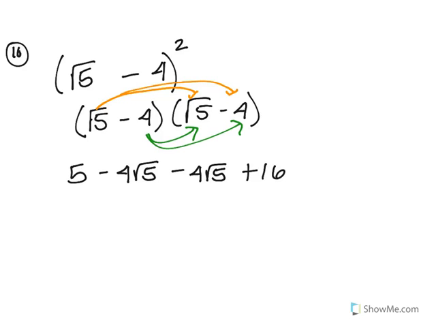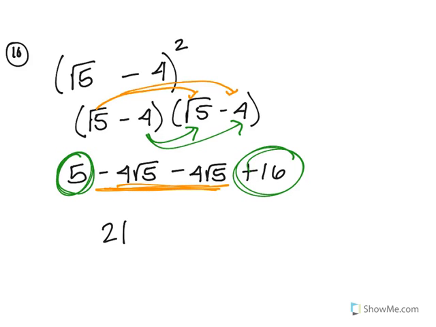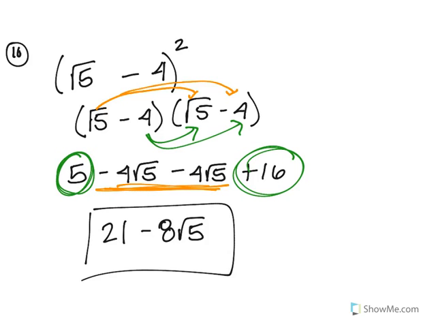Positive 16. Very good. So we got 5 plus 16? 21. And then negative 4 square root of 5 minus 4 square root of 5? Very good. Y'all see that?